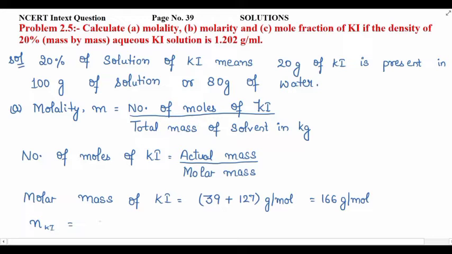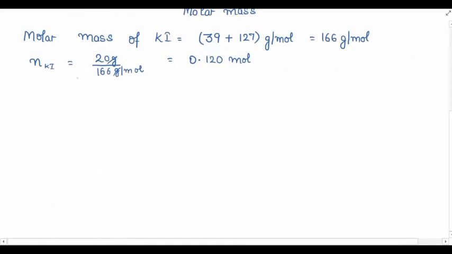So the number of moles of KI is equal to actual mass upon molar mass. So nKI is equal to 20 gram upon 166 gram per mole. Gram to gram cancel, and 20 divided by 166, we obtain 0.120 mole.